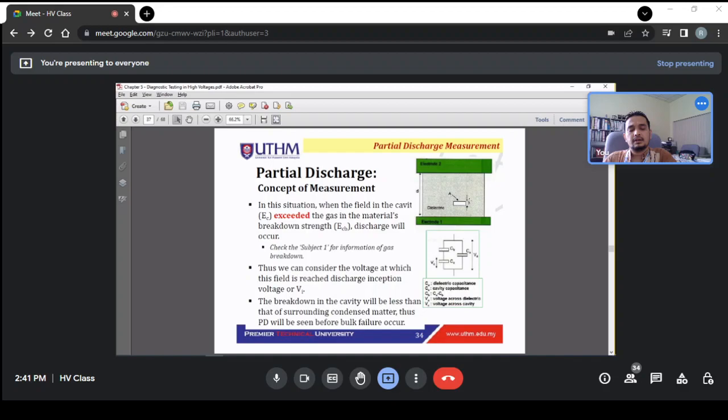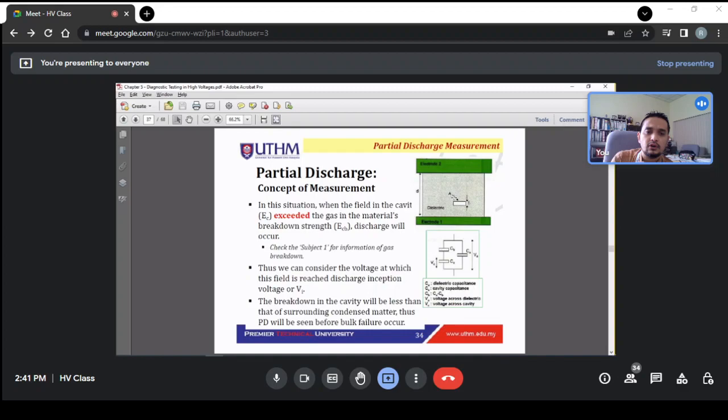Then this will cause a cascaded effect or domino effect. The byproduct gas has even lower breakdown values, and then more and more breakdown activities will happen within this void, known as partial discharge, and that eventually will lead to the failure of the insulator.